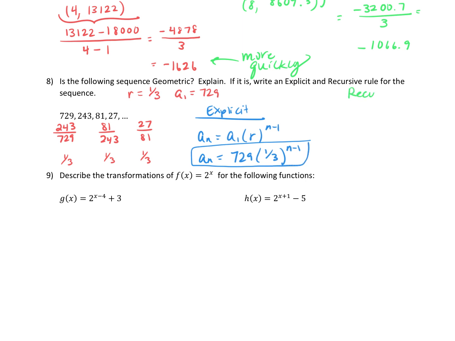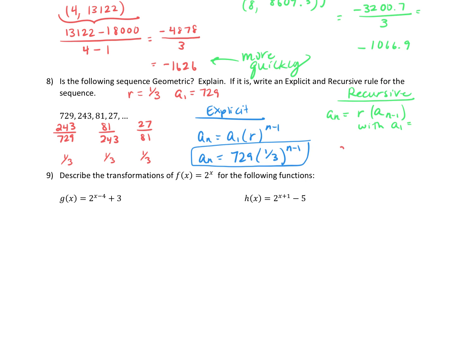The recursive formula is AN equals your ratio times A with a subscript of n minus 1 that stands for the previous term, and then with A1 equals, we have to identify the first term.